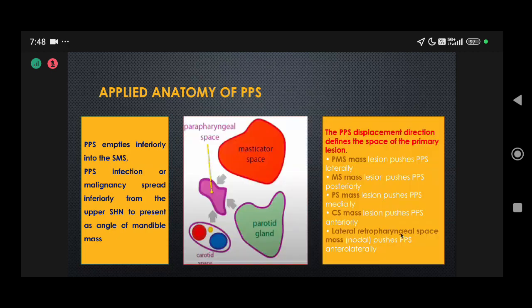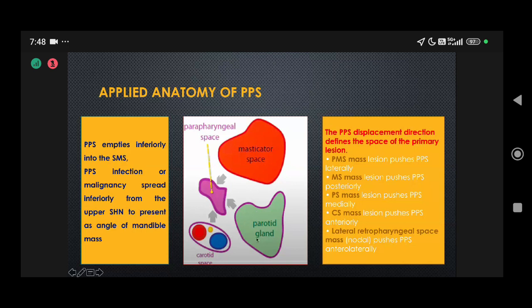Now this is very important for all of us. The displacement of the pre-styloid parapharyngeal space will give a clue to the space of origin of that particular lesion. If a lesion arises from the pharyngeal mucosal space, it pushes the PPS laterally. If the lesion arises from the masticator space, it pushes the PPS posteriorly.